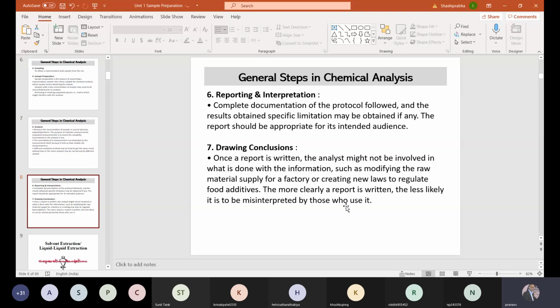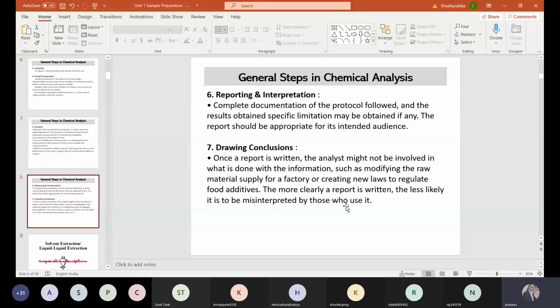And then the sixth and seventh points are reporting, interpretation, and of course drawing some logical conclusions from your analysis. Reporting is fine. There is a definite protocol under which one is supposed to write or report the results obtained in the analysis.